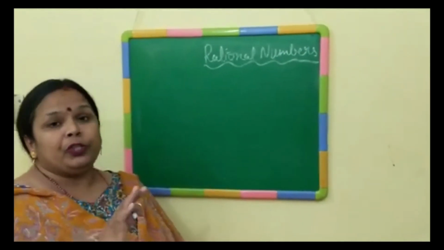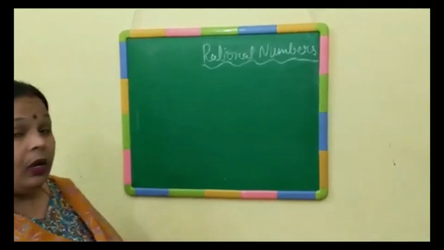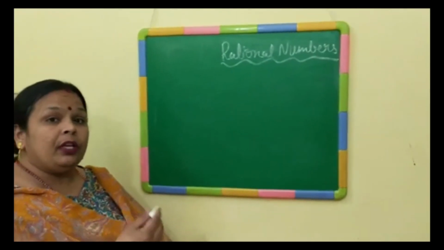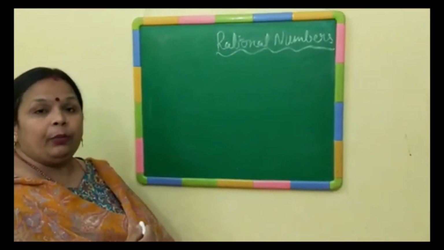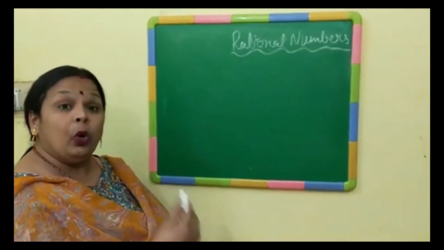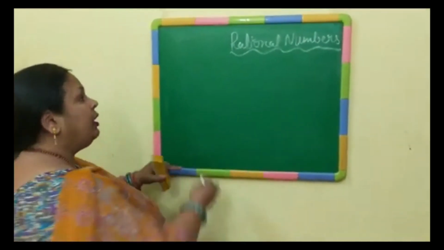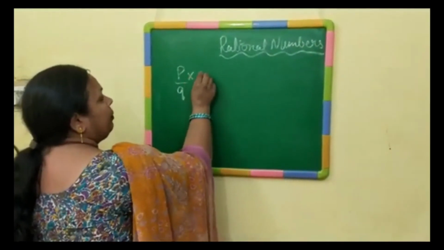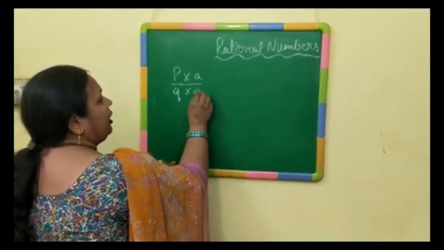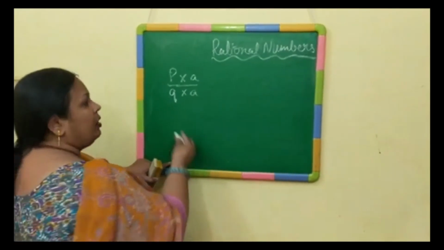Now, a few more things about rational numbers. Like in fractions, if we need to write equivalent fractions, we multiplied the numerator and denominator by the same common whole number. Similarly here, if p by q is a rational number, we can multiply it by a by a to get an equivalent rational number.